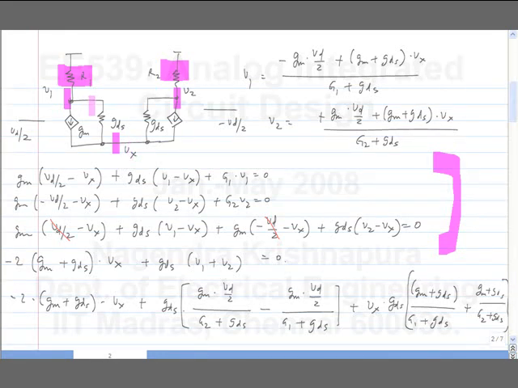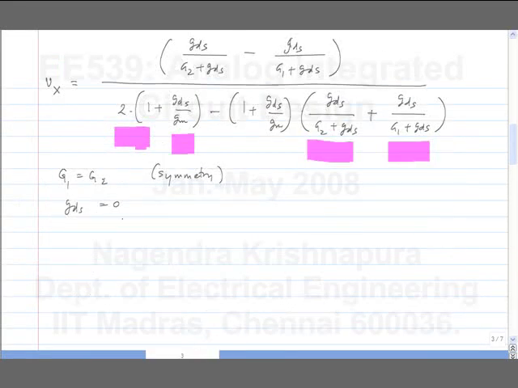That's why you get 0. Then finally, if G2 and G1 are much greater than GDS, then Vx is approximately 0, because the magnitude of the numerator becomes very small, whereas the magnitude of the denominator is close to 2. Is this okay?